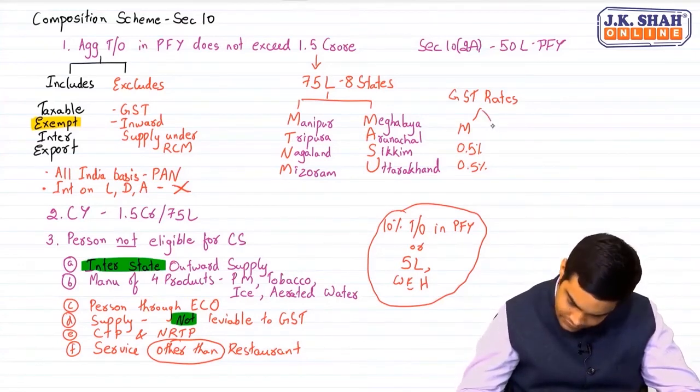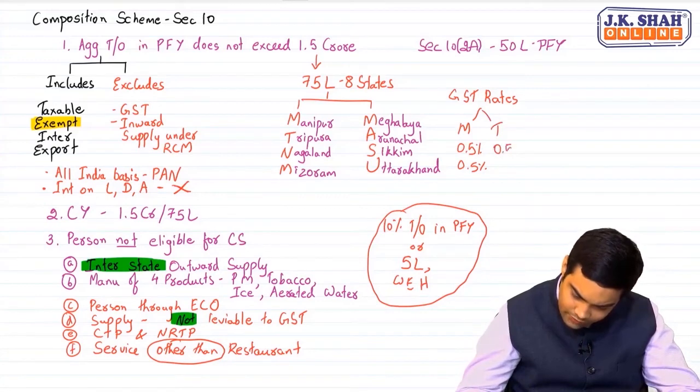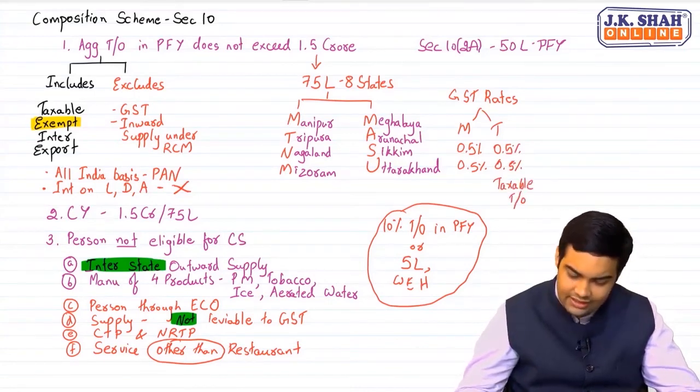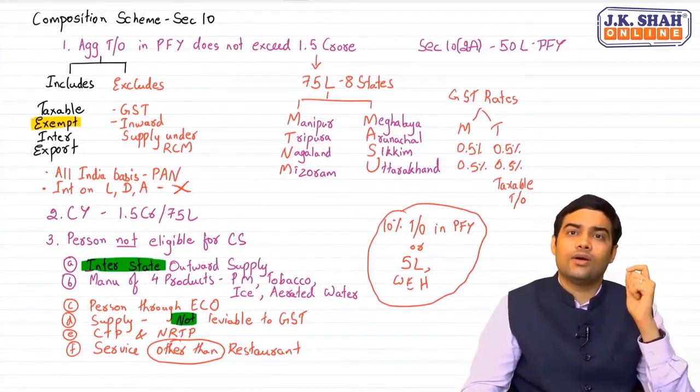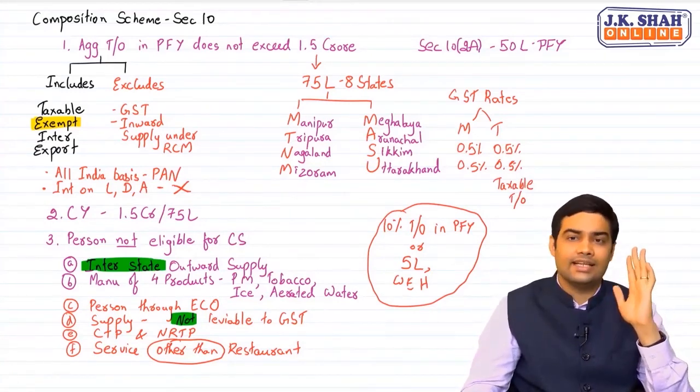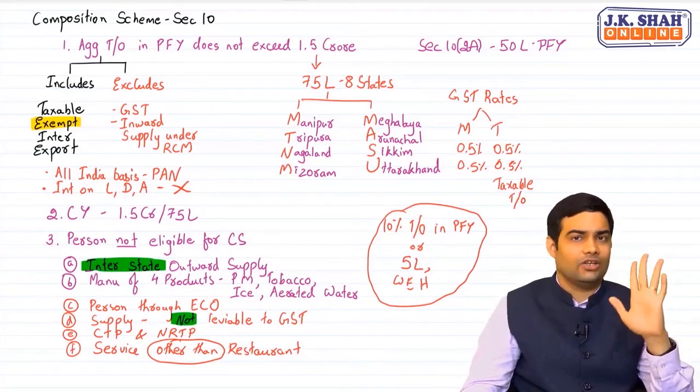Trader, it is also 0.5% CGST, 0.5% SGST. But here the law says taxable turnover. That means a trader enjoys a benefit. Taxable turnover 0.5%, 0.5%. That is in respect of trader.